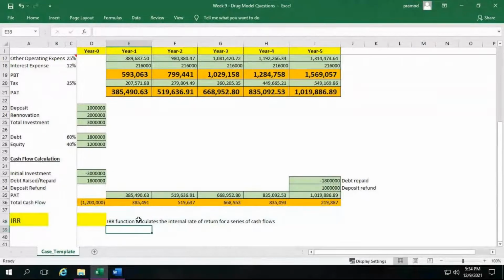So I will use the IRR function to find out the ratio for the series of cash flow that I have here, the ratio of my company.